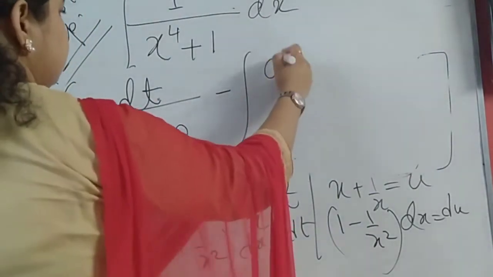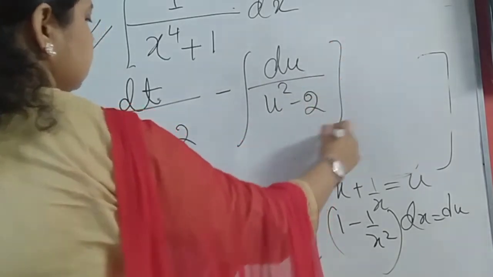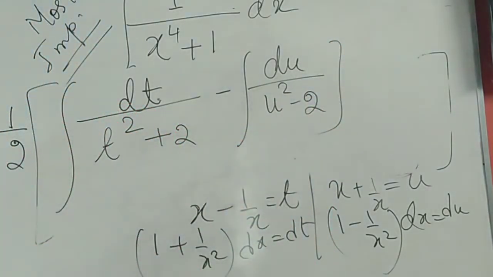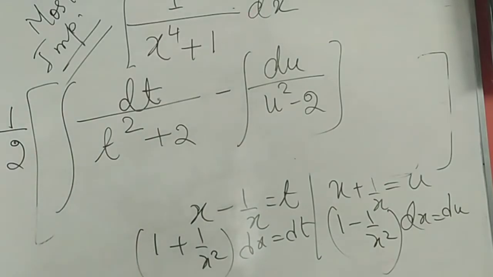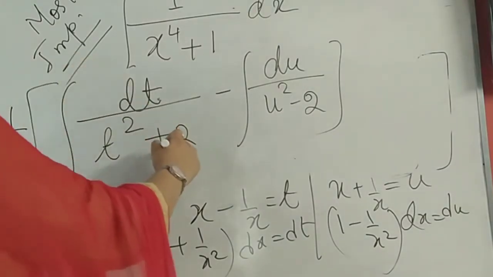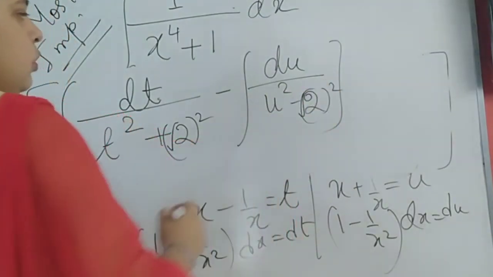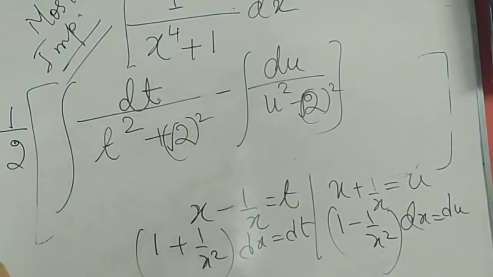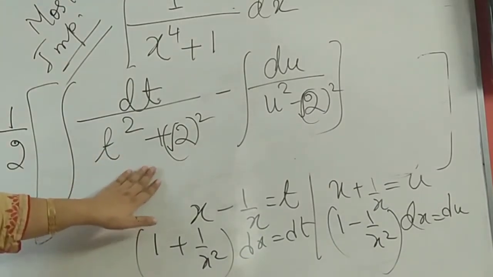Now this is du. And this is u square minus 2. Yes or no? So that was my choice of substitution depending on what I have in the numerator. So 2 can be written as root 2 whole square. Okay, we are ready to apply the formula.